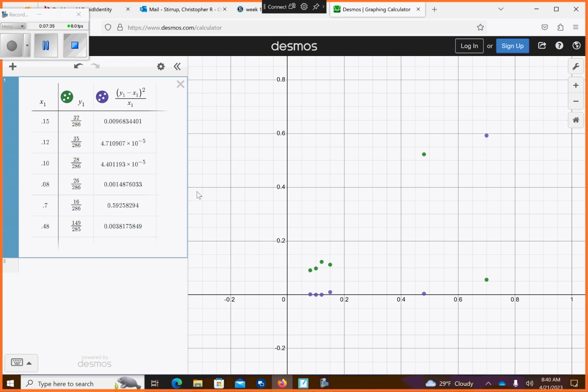I think I did that observed. Observed would have been, observed is y1. Yeah, we got it right. So if I actually were to sum up those values, I'd probably have to use a calculator.